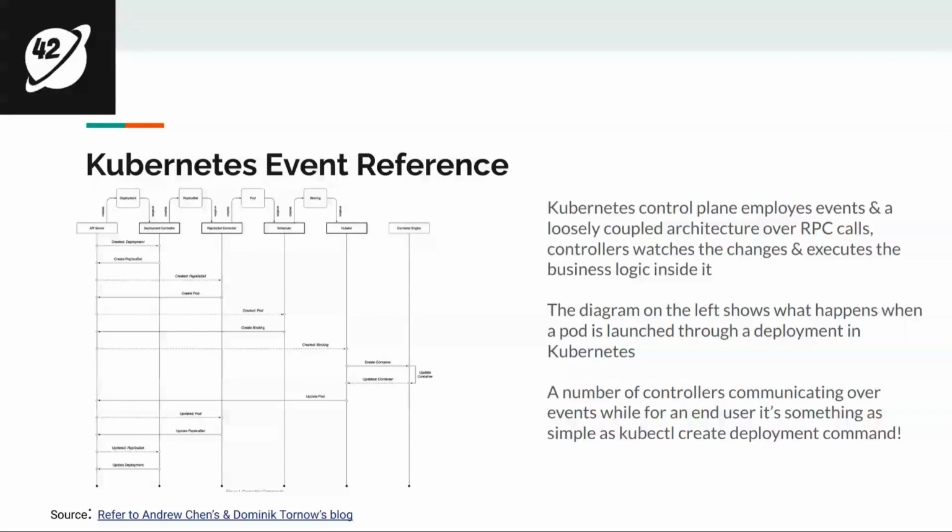As a user, I can happily apply my manifest and go and fetch some coffee. But let's look at the work that Kubernetes is performing through its own control loops when you perform an action such as creating a deployment in the cluster.